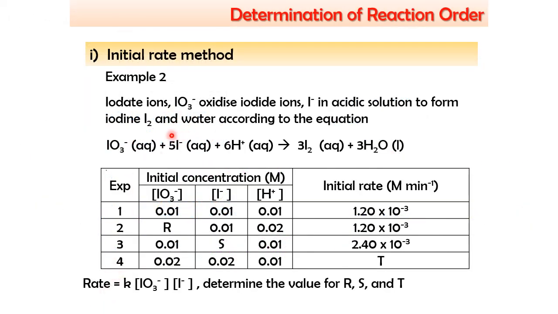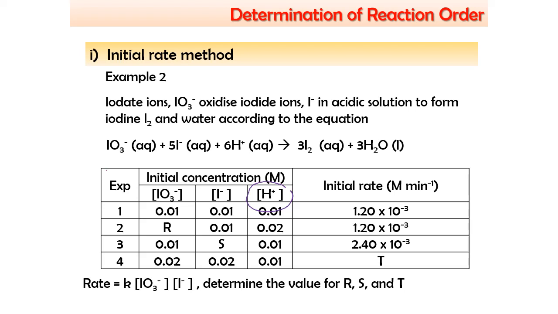For the next example, you are given this equation and a few sets of data, and you need to determine the values of r, s and t, and you are given the rate law. From the question, you are given this rate law and there is no information about H plus.